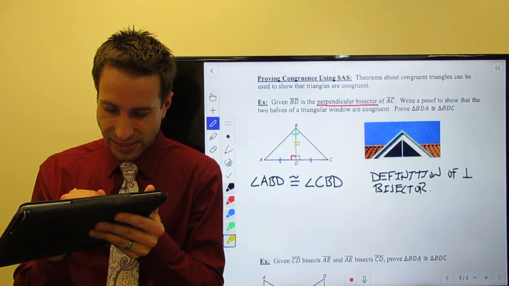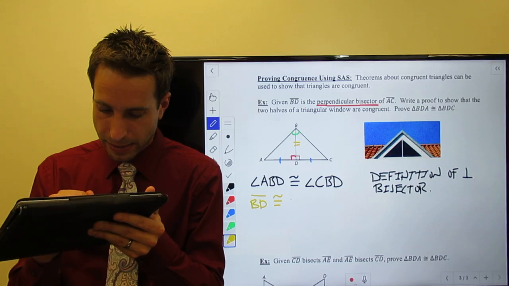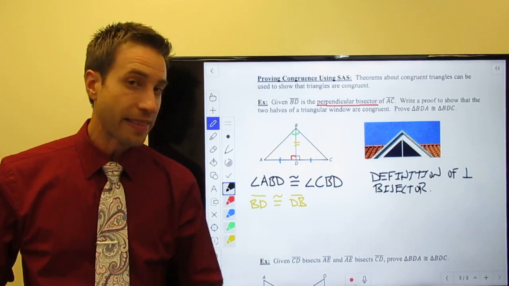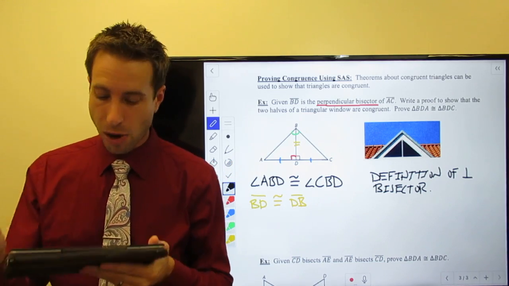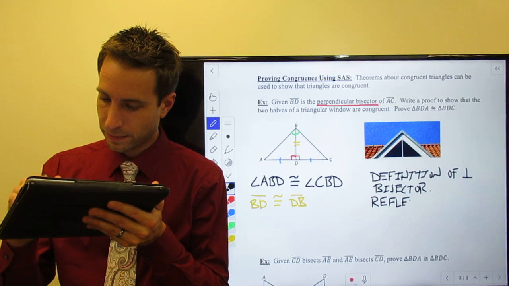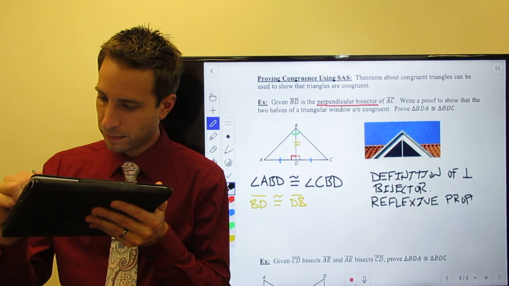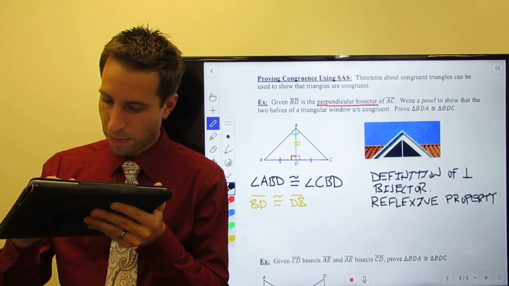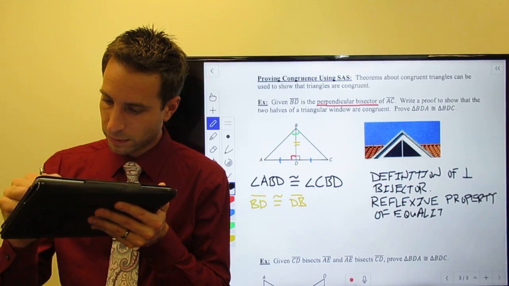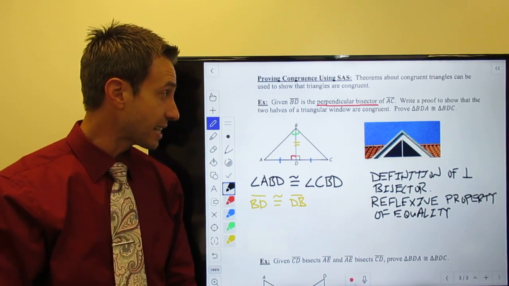How do I know that segment BD is congruent to segment DB? Do you remember from previous sections? Right, that is the reflexive property of equality. Fantastic. Awesome.